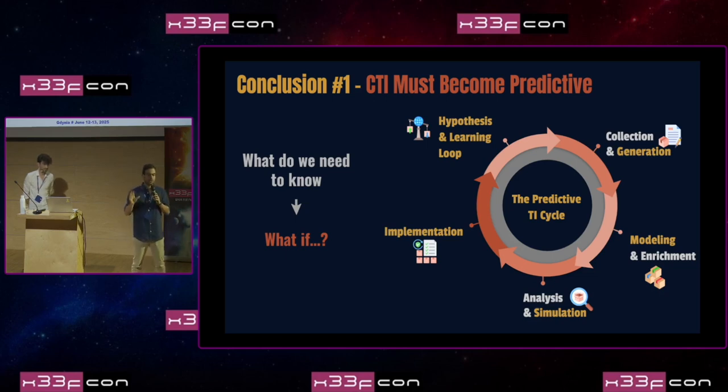And once we have these questions, and this is the change in our mindset, we don't wait for the answers to come from the wild. We generate them. And we don't wait for the attackers to show us what's possible. We try to think like them and anticipate it. We create variants and model how they'd behave in real and full attack chain.